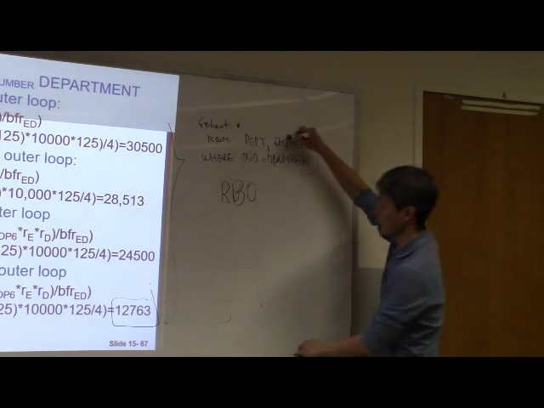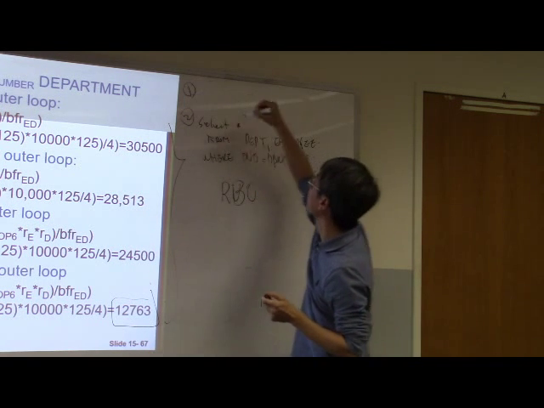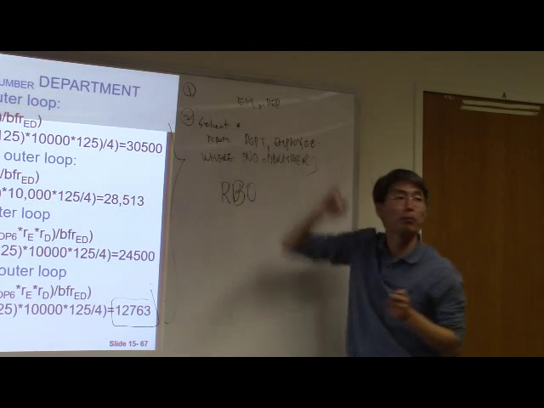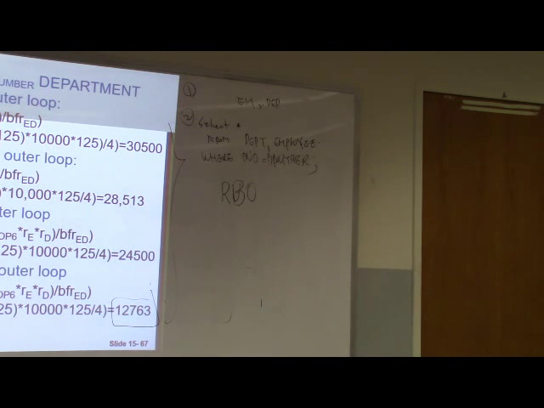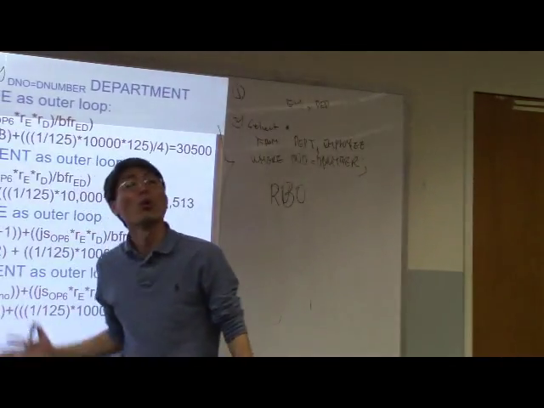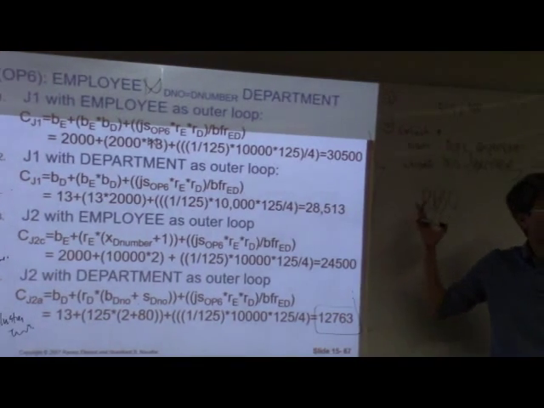Any difference between this one and the previous one? The previous one is employee, department. Any difference? If you are using a cost-based optimizer, we are going to calculate all the costs, then find the lowest one. Then it's the same. Okay?